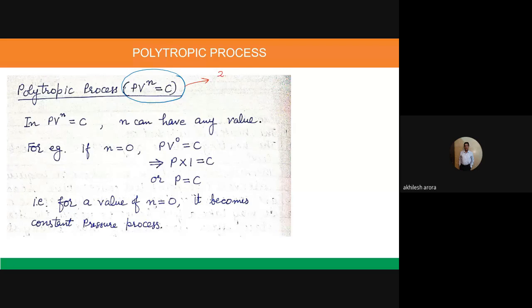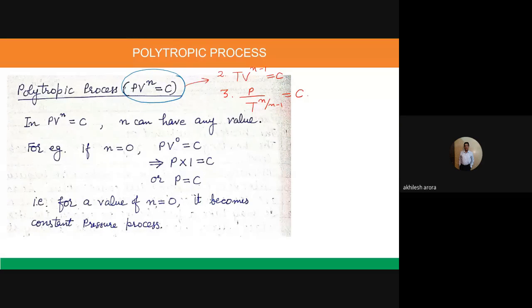The second relationship for this process is TV raised to power n minus 1 is equal to constant, and the third one is P divided by T raised to power n divided by n minus 1 is equal to constant. So these are the three relationships.